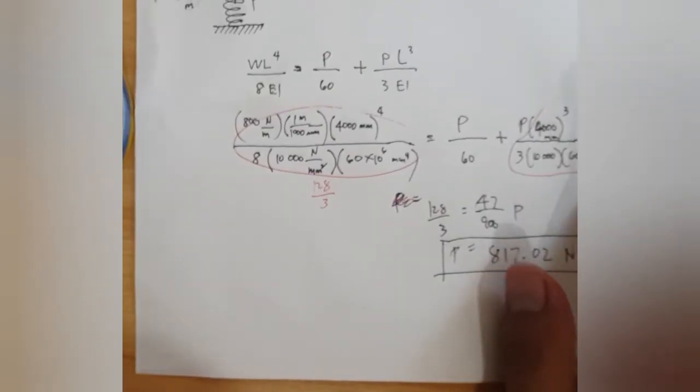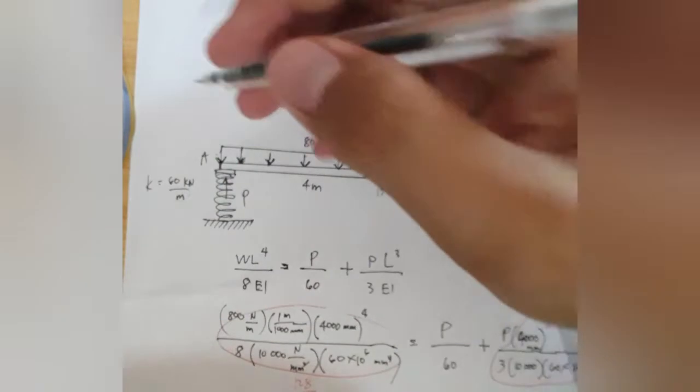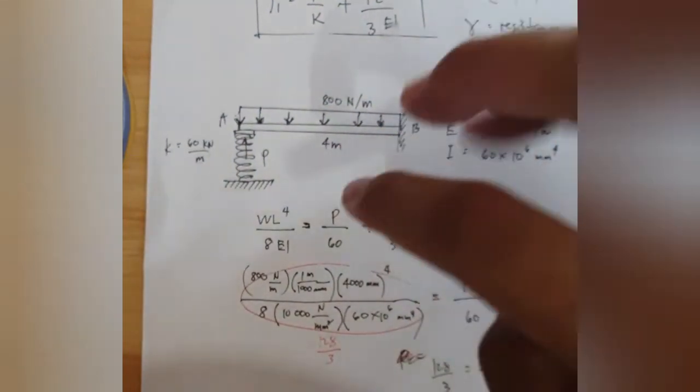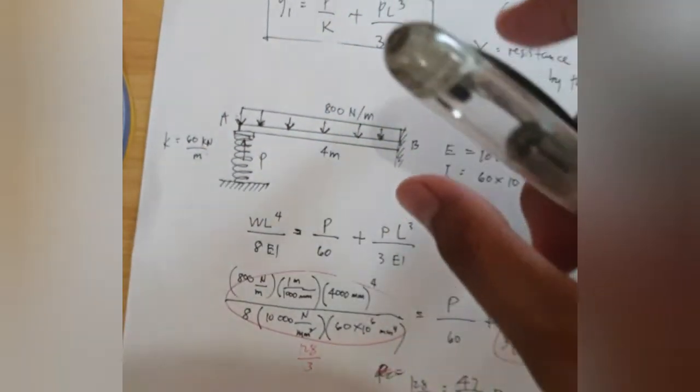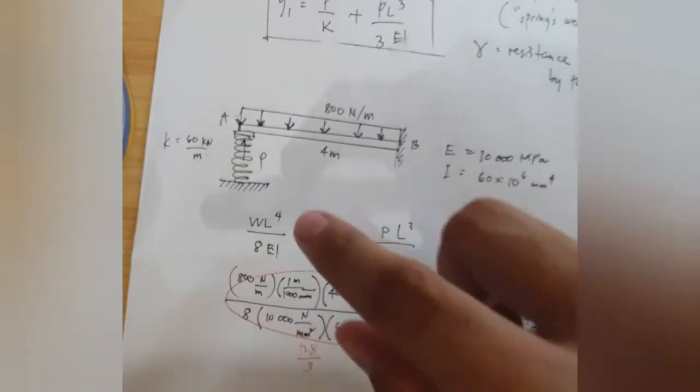Okay, so next: which of the following gives the moment at B? So we have here point A, and point B is at the fixed end. So the moment at B is P times 4 minus, counterclockwise, 800 times 4 times 2.